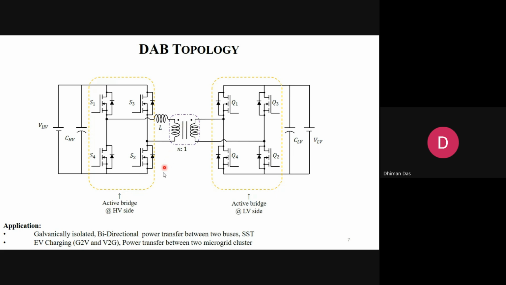When there are two voltage sources interacting with each other, they can exchange power between them. This DAB, dual active bridge, is widely used. The efficiency of the dual active bridge is very high, because this leakage inductor, or external inductor, also participates in zero voltage switching.